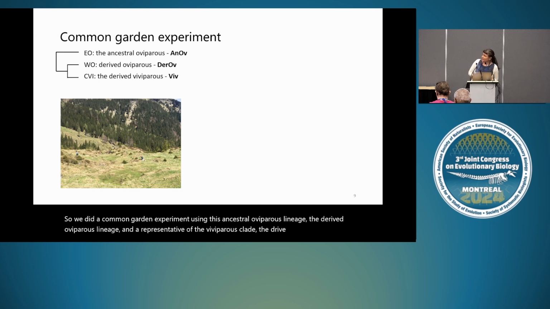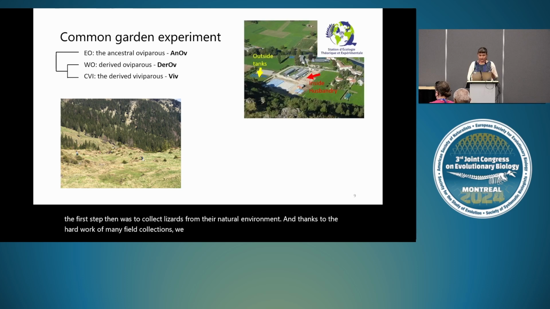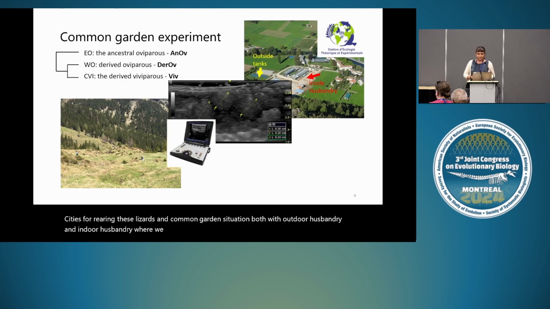And so the first step then was to collect lizards from their natural environment, and thanks to the hard work of many field collections, we had populations from each of these different types. And then we brought them to a CNRS station in Molise, where we have excellent facilities for rearing these lizards in a common garden situation, both with outdoor husbandry and indoor husbandry, where we can monitor them.